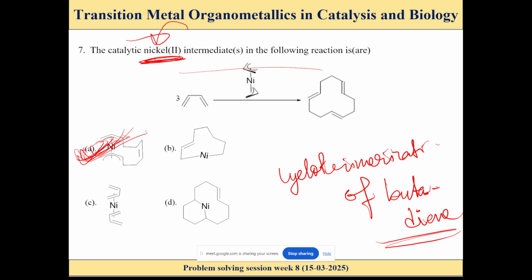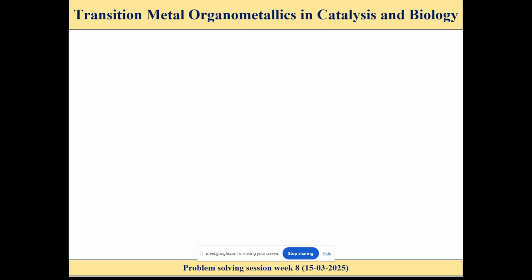Okay, so let's discuss the mechanism for this reaction. This is called the trimerization of butadiene. So we have first nickel 2 allyl complexes, nickel which is in plus 2 oxidation state.